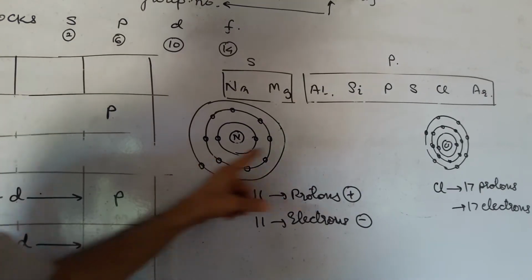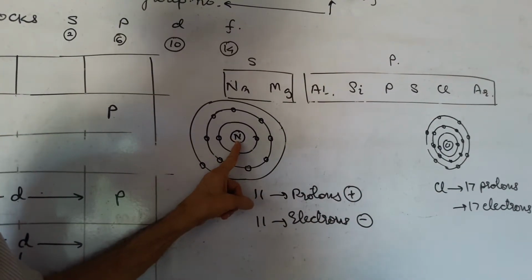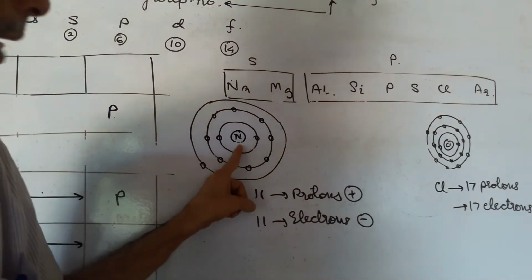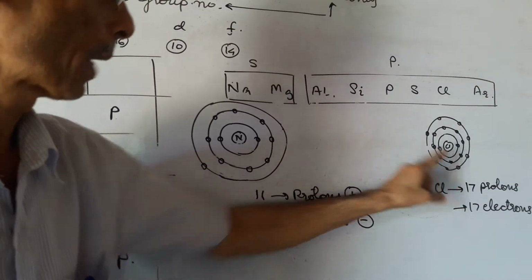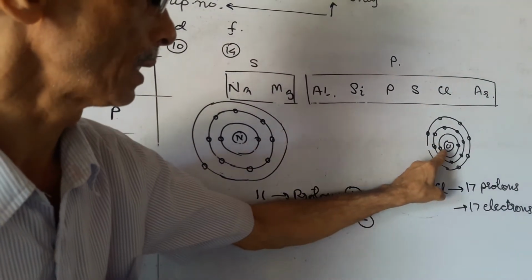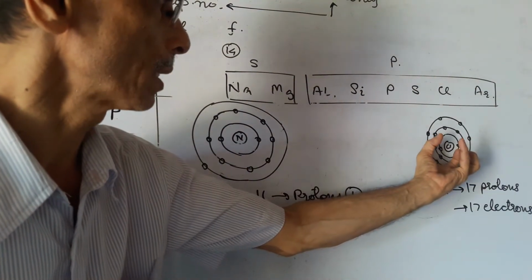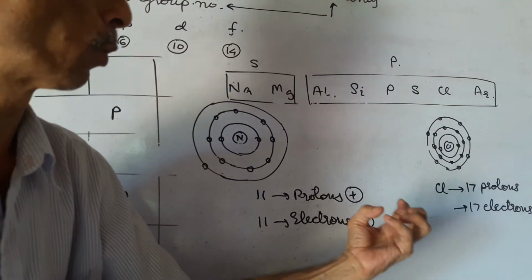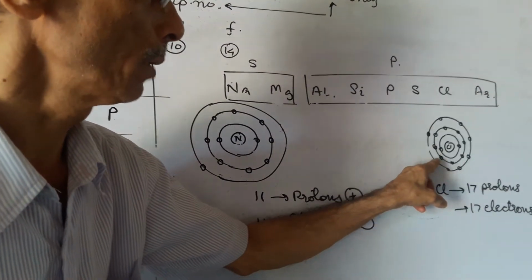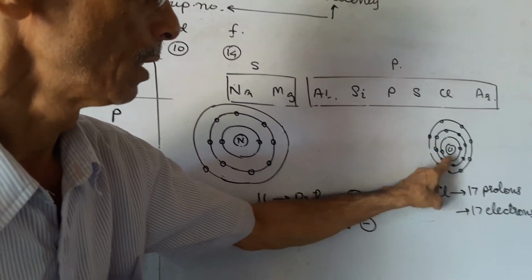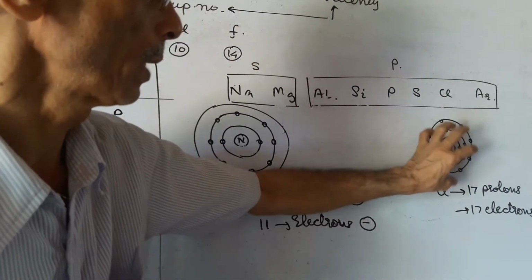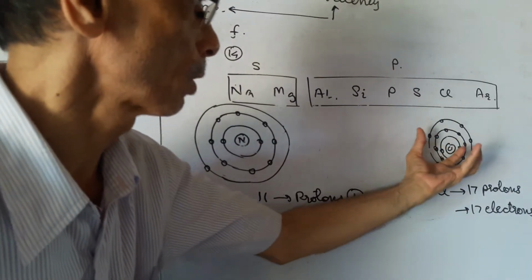Just compare the sodium atom with the chlorine atom. You will find the number of orbits is the same: here 3 orbits, here also 3 orbits. But all these 3 orbits have come closer here. Why? Because of the attractive force. As the proton number and electron number increase, the attractive force increases, and that's why this circle becomes smaller.